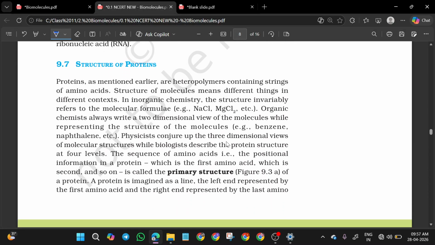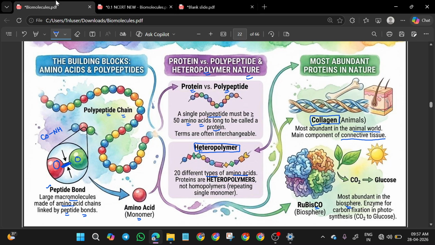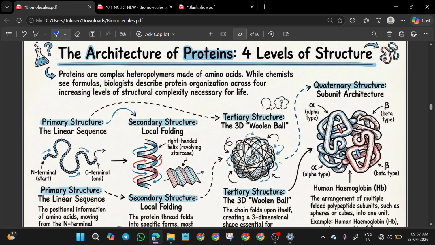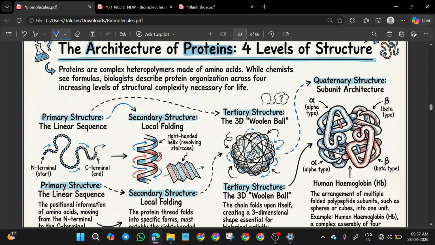Now next we are going to see regarding structure of protein. So protein is found at 4 levels, that is primary structure, secondary structure, tertiary structure and quaternary structure.